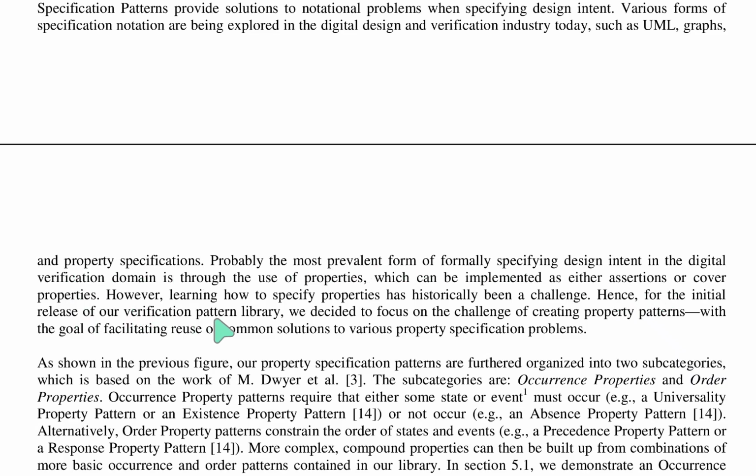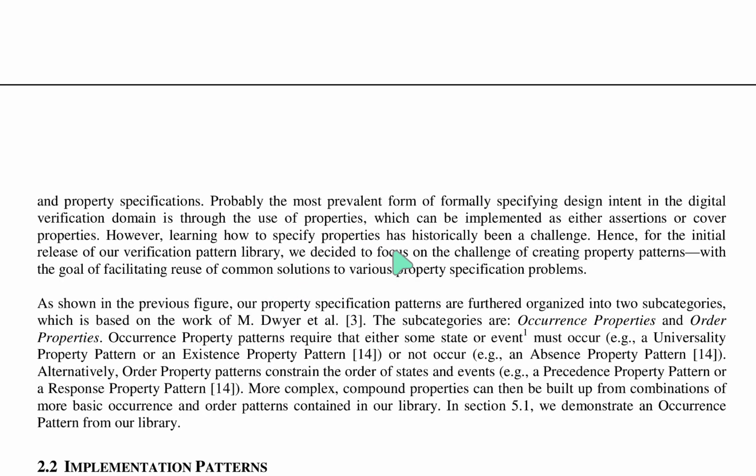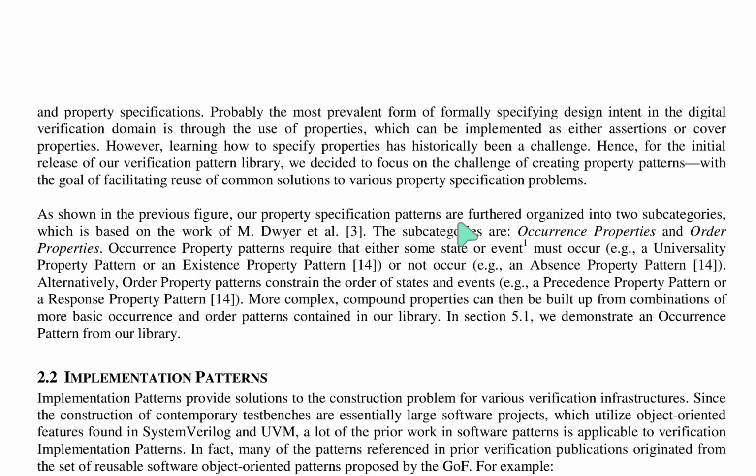However, learning how to specify properties has historically been a challenge. Hence, for the initial release of the verification pattern library, we decided to focus on the challenge of creating property patterns, with the goal of facilitating the use of common solutions to various property specification problems.